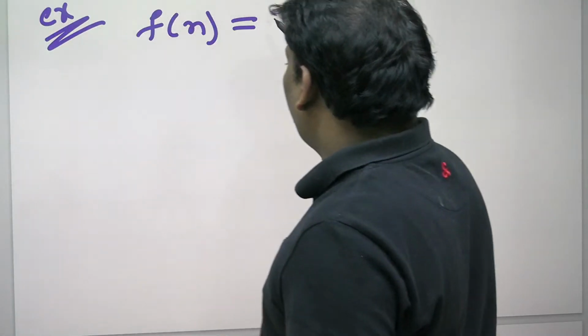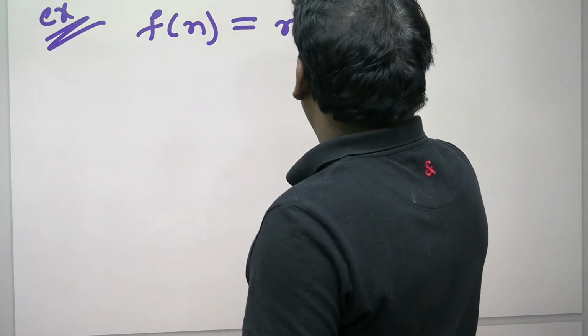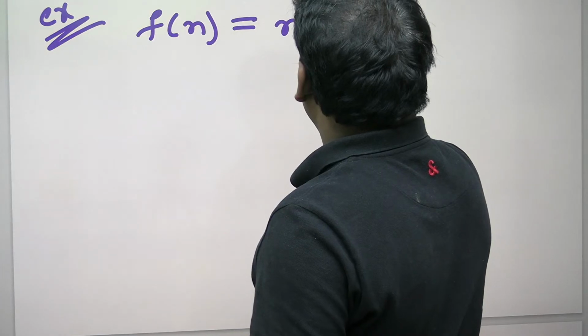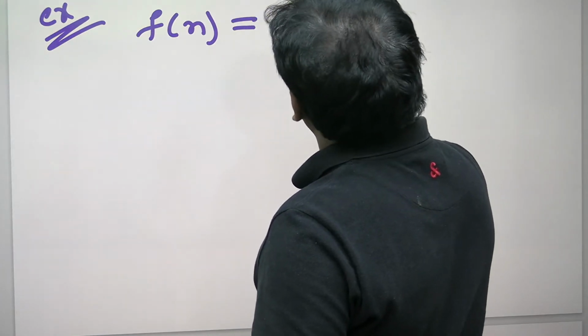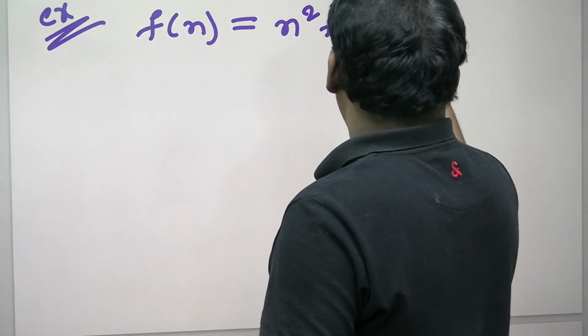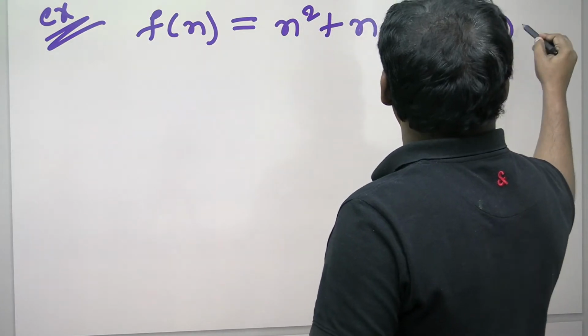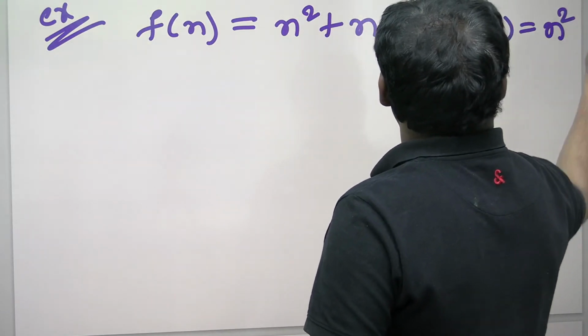F of n is equal to n square plus n plus 10. G of n is equal to n square.